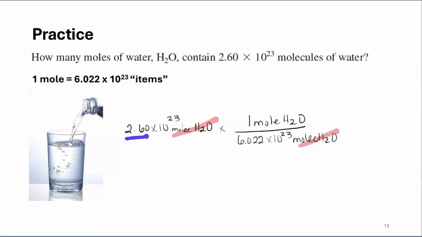Since I start with 3 sig figs, I need to round my answer to 3 significant figures, and my final answer is 0.432 moles of H2O, and it is a 2 at the end because of rounding rules. And that's how many moles of water we have in 2.60 times 10 to the 23rd molecules of water.